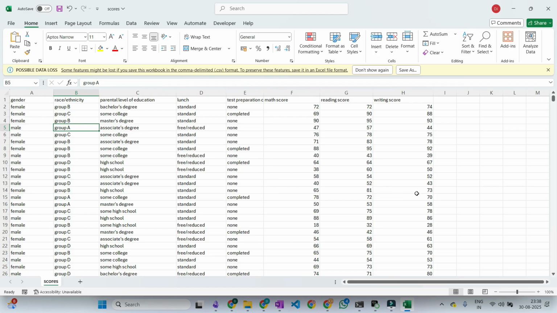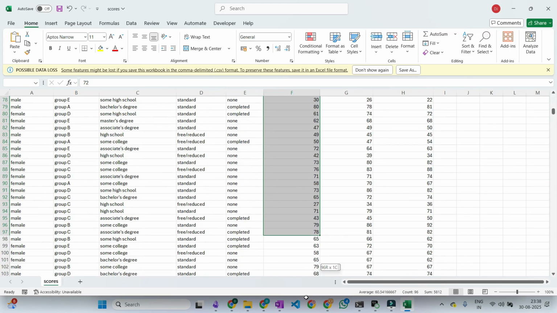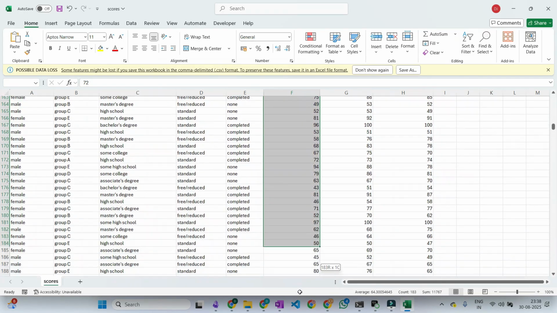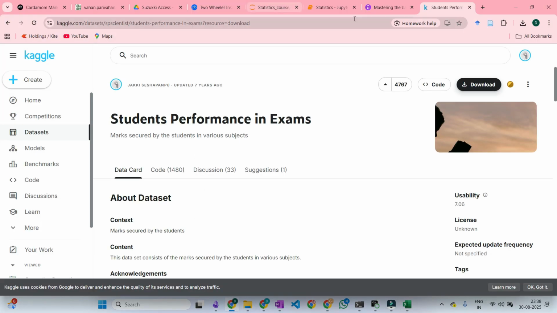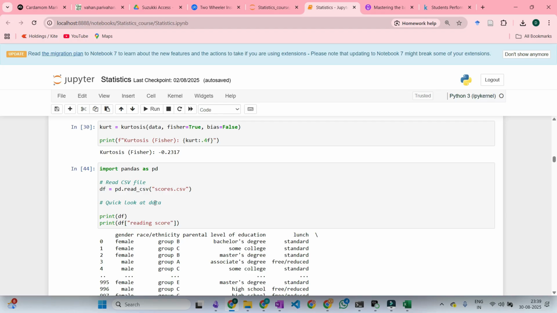So I am taking here the math score. You have a lot of data here. So I am taking this particular data, that is the math score of the students, and I need to find out what is the median, what is the average score, what is the mode, what is the variation among these scores, etc. So these are the measures of central tendency, dispersion, shape, etc. So first let us use the Python code here.